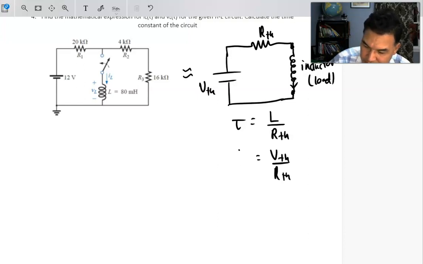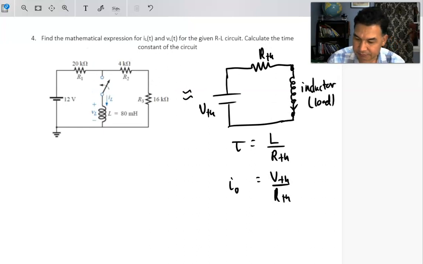So you can say the maximum current through the inductor, I max, will be the Thevenin's voltage divided by the Thevenin resistance. So this is the main idea.